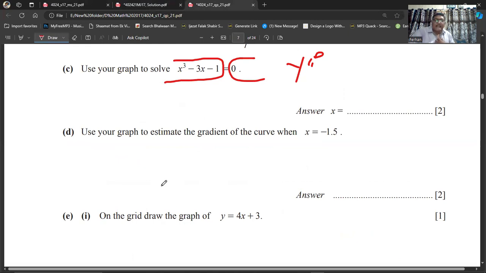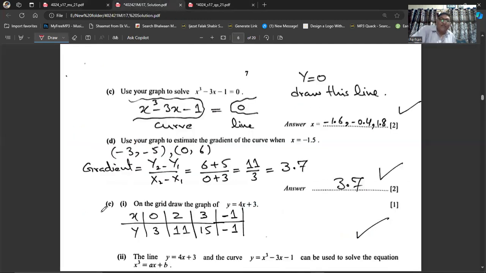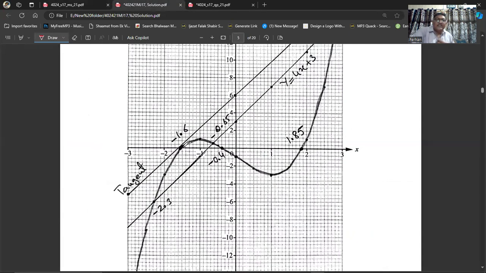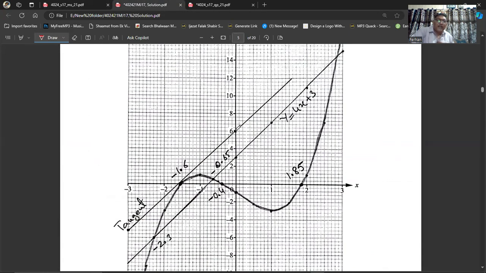Okay. Then the D part. It says, use your graph to estimate the gradient of the curve when x equals minus 1.5. So I have to plot a tangent at minus 1.5. At this point, I have drawn this tangent. A tangent is a line which is touching the curve only at that point, which is x equals minus 1.5.